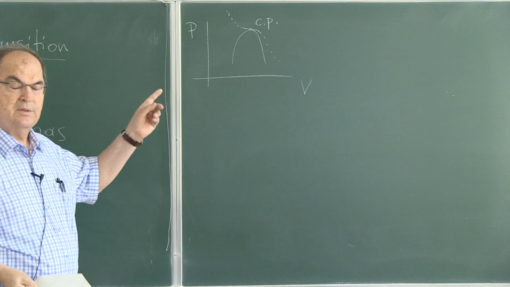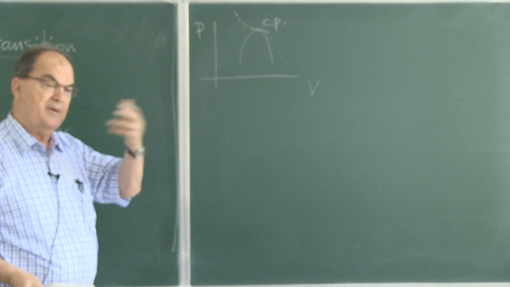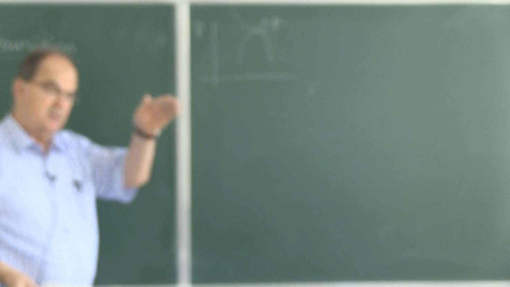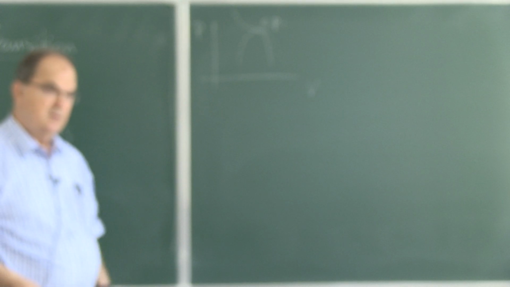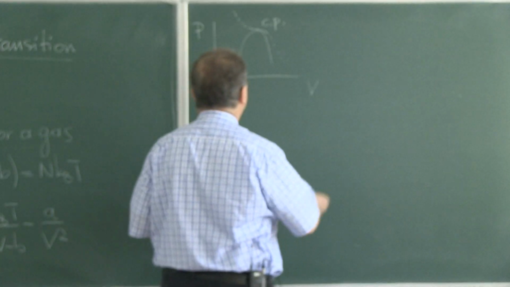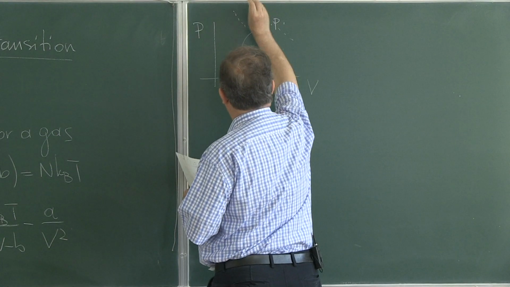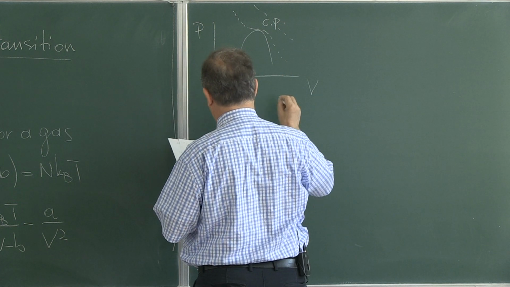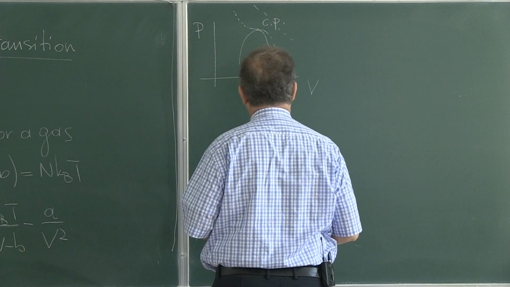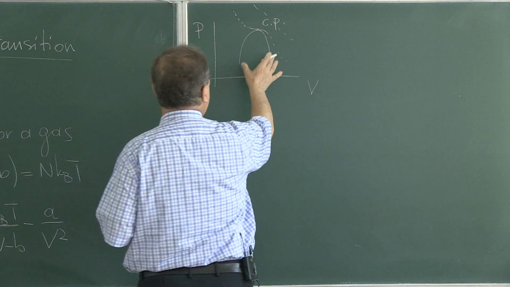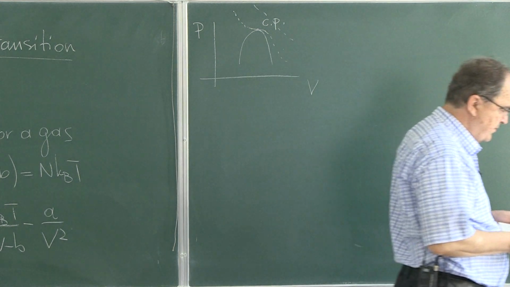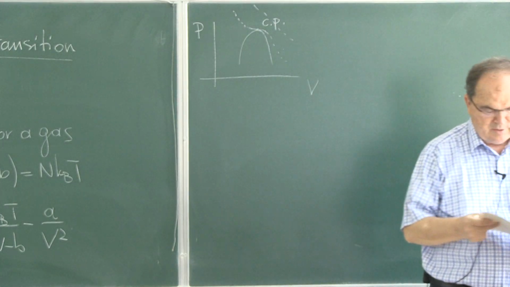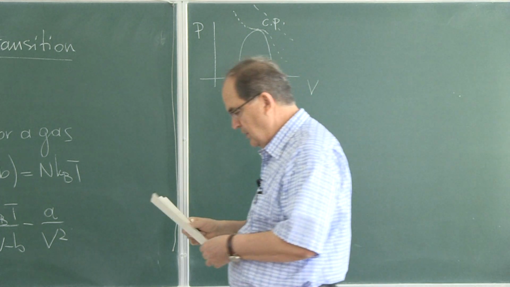I have shown this in my three-dimensional phase diagram. Remember that region, gas plus liquid region. So that's the region. Above this critical point and below, we have to study what happens inside the coexistence region by using this van der Waals equation of state.